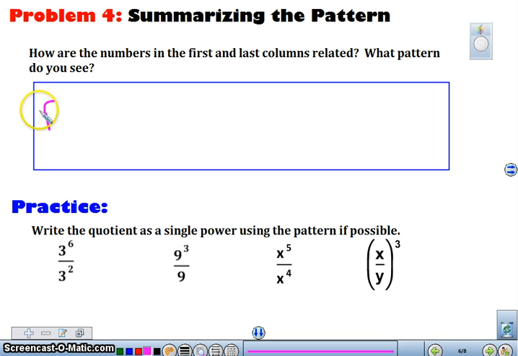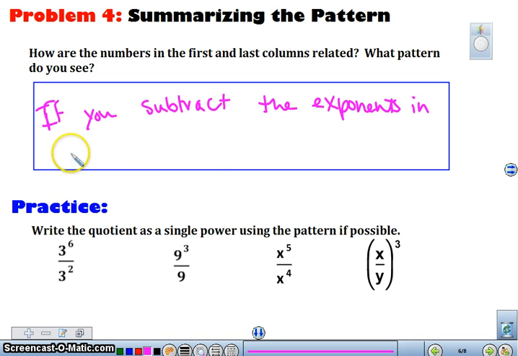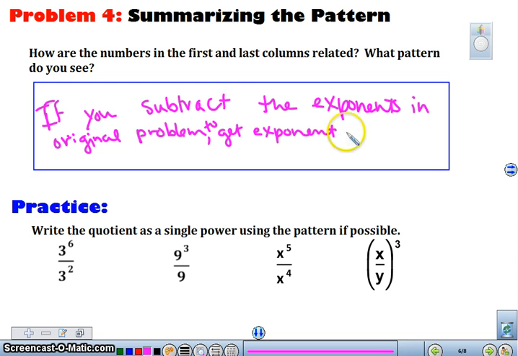What we're actually doing is subtracting the exponents in column 1, or in the original problem, maybe we should say, but remember, we can only subtract the exponents in the original problem to get the exponent in the last.